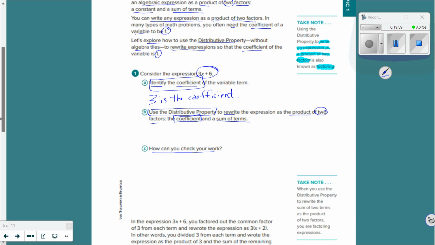So taking the distributive property, I'm doing 3 divided by 3, which is 1x, which is x, plus 6 divided by 3, which is 2. Why are we dividing by 3? Because I'm pulling a common factor from both of those.